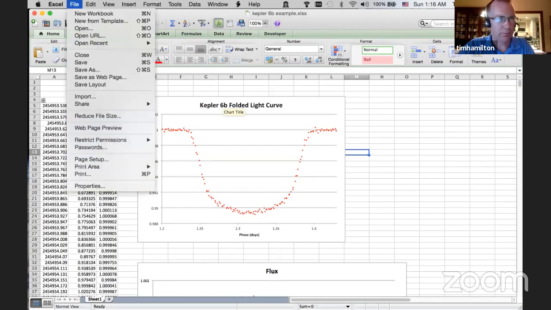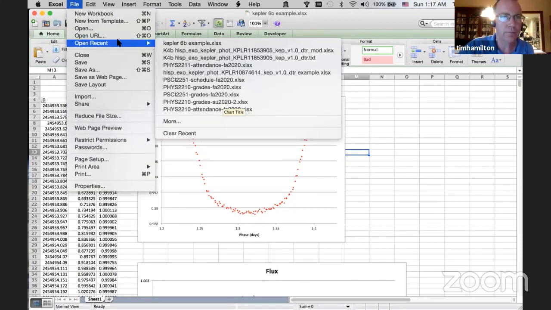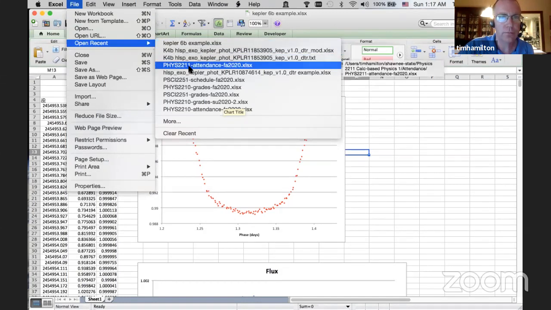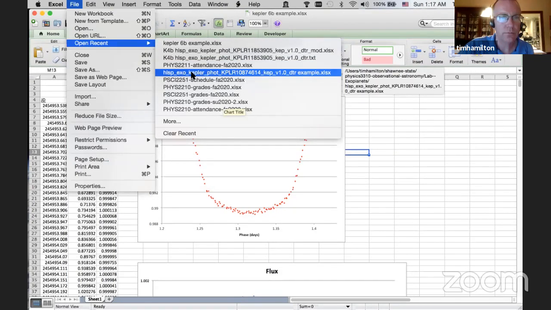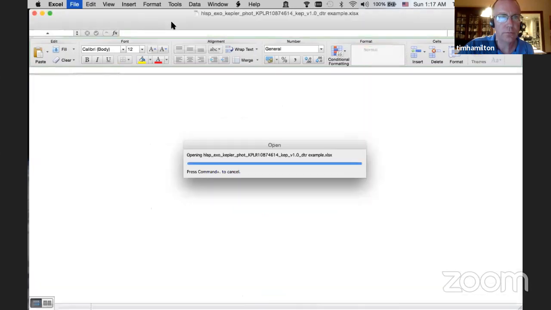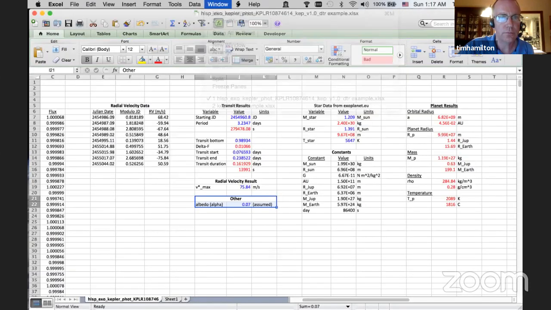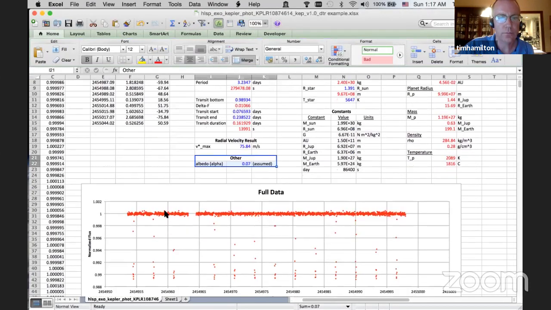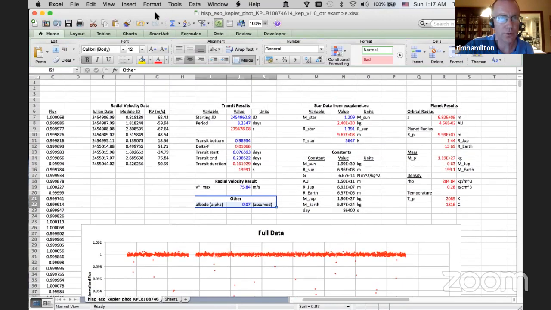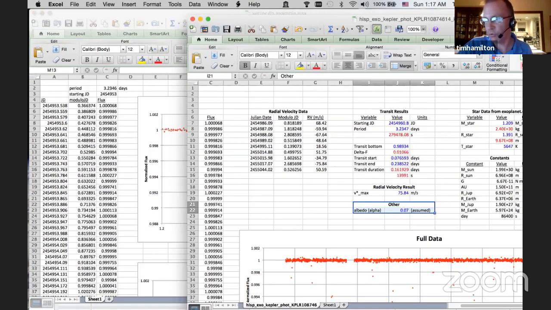Let me pull up an existing file that I've got as a guide. Okay, that's what we're going to work up towards here.